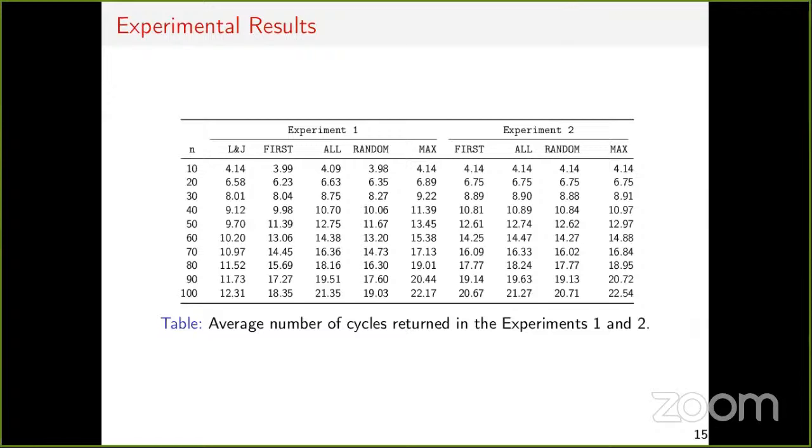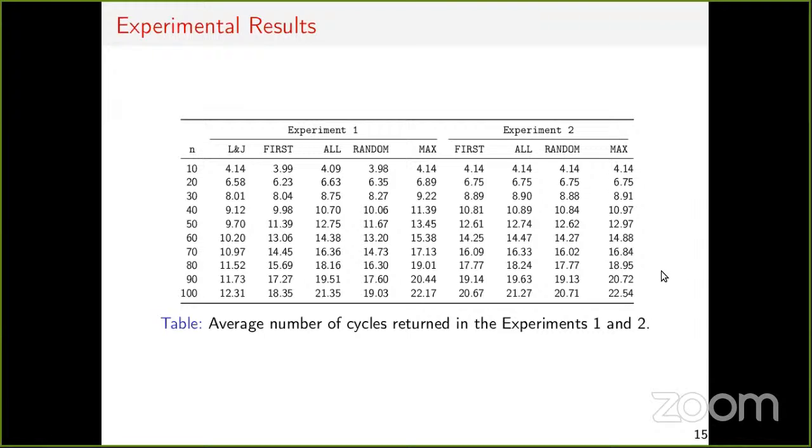The grid algorithm always does better than Lin-Jiang's algorithm for instances of size 20 or bigger, and ties in instances of size 10 on average. And again, the max variation is the variation with better results.